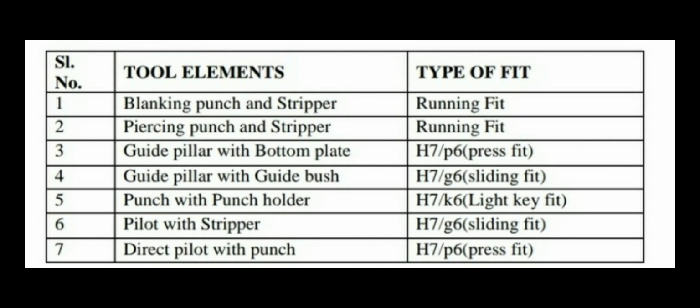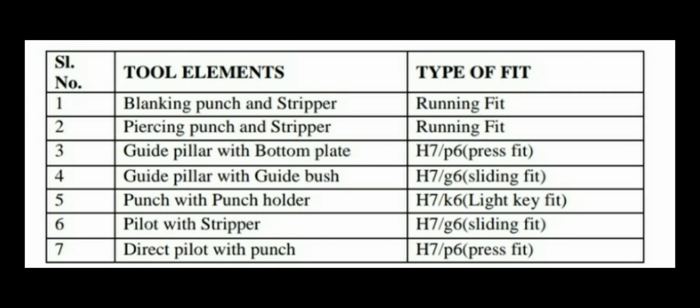Let us discuss some fits used. Blanking punch and stripper, the fit is a running fit. Then piercing punch and stripper, that is also a running fit. The guide pillar with bottom plate is H7P6 press fit. And guide pillar with guide bush is H6G7 sliding fit.